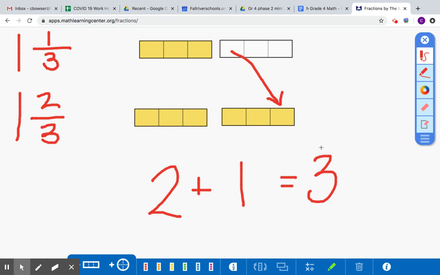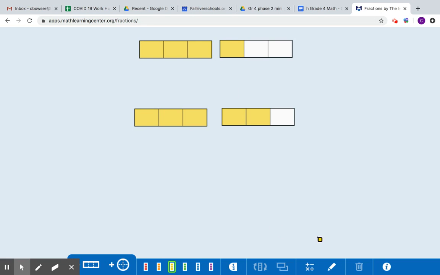I can also represent 3 by counting the individual thirds and writing an improper fraction. So let's count those up. And I'm going to switch this third back just so we can count it all up as improper fractions. So 1/3, 2/3, 3/3, 4/3, 5/3, 6/3, 7/3, 8/3, 9/3.